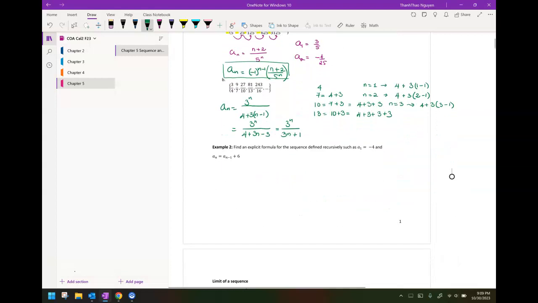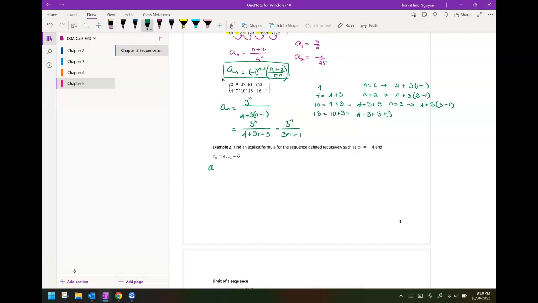We want to find an explicit formula for the sequence defined by a recursive formula. So a sub 1 equals negative 4, a sub n equals a sub n minus 1 plus 6. Okay. So let's write out a couple of terms.